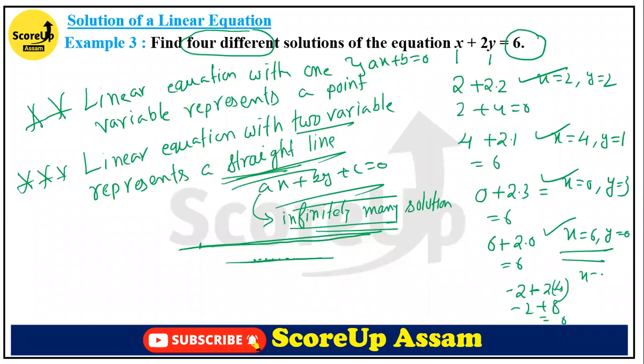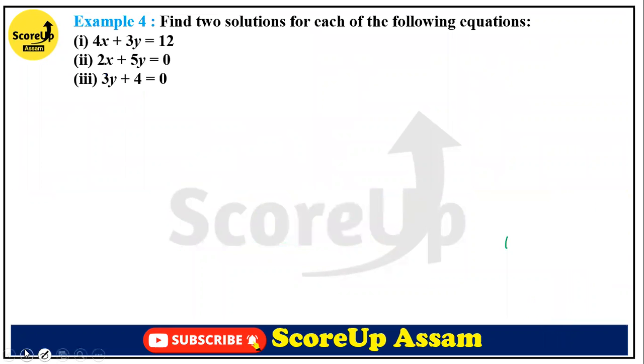So here x is minus 2 and y is 4. So that means we can get infinitely many solutions of this equation. But we are told to find only 4 solutions. So now let's move on.